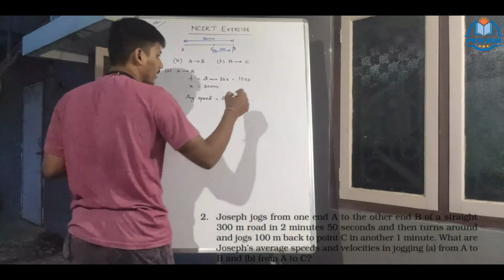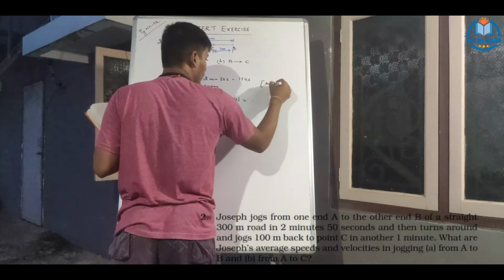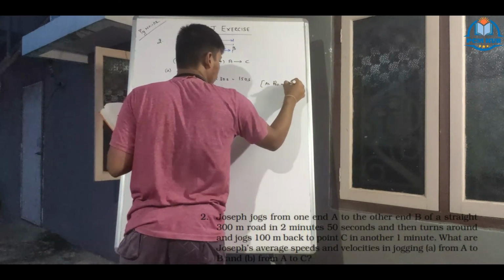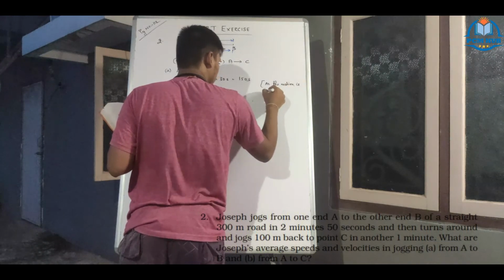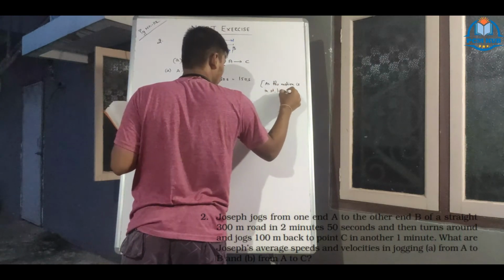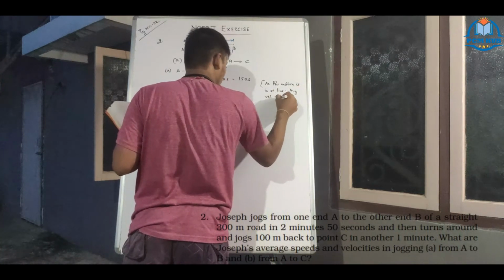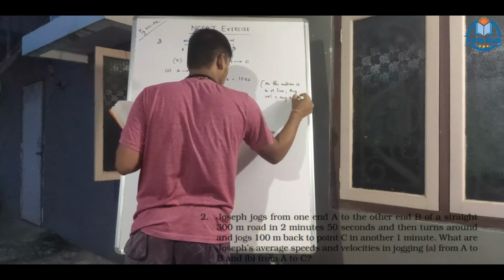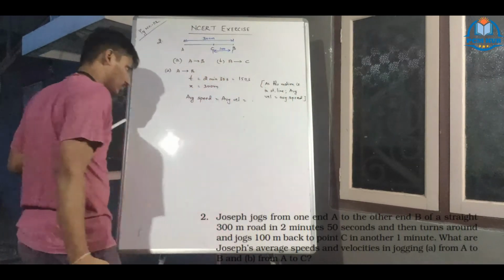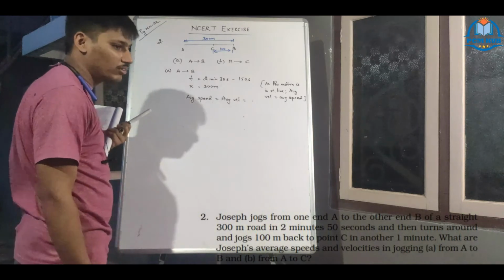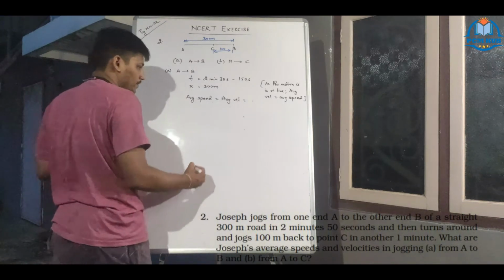As the motion is in a straight line, average velocity equals average speed, because distance equals displacement.